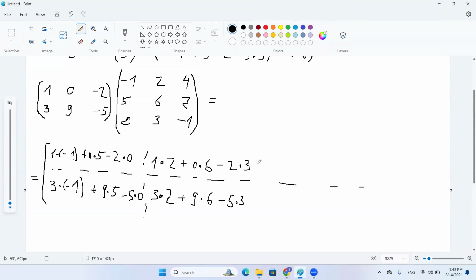The third column is minus 2 by 4, minus 2. Stop. Yes, not correct. Sorry, 1 by 4 plus 0 by 7 and minus 2 by minus 1.